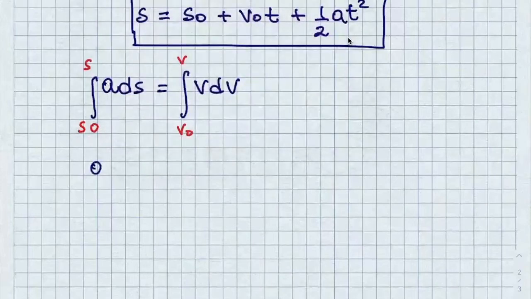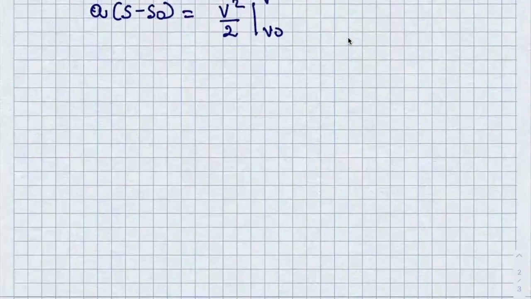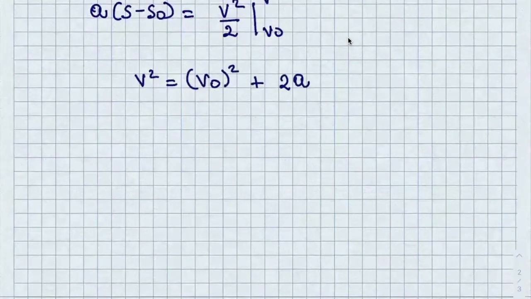And we have a times s minus s naught equal to v squared over 2, going from v naught to v. If we simplify, we get v squared is equal to v naught squared plus 2a times s minus s naught.